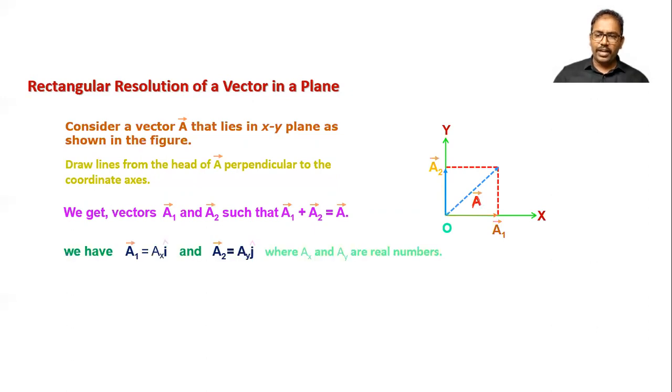Now here A1 we can write as AX i cap, and A2 we can write as AY j cap, because i cap is what? Vector divided by magnitude.